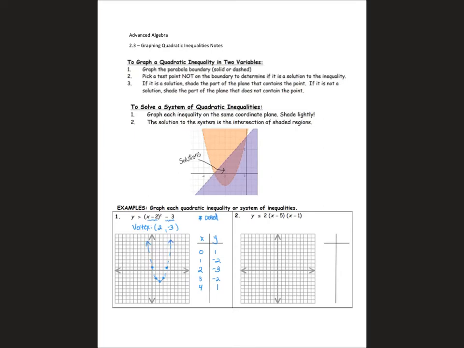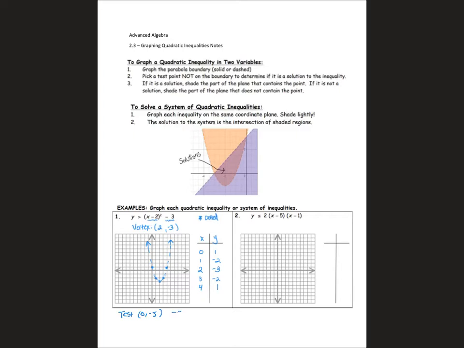All right, now my next step is to determine where I'm shading for this given inequality. I'm either going to test a point inside the parabola or outside of the parabola. So maybe I test a point that's outside the parabola. Let's choose something easy like 0, negative 5. And let's see if that works for our given inequality.